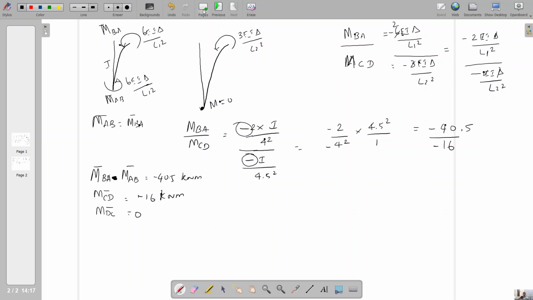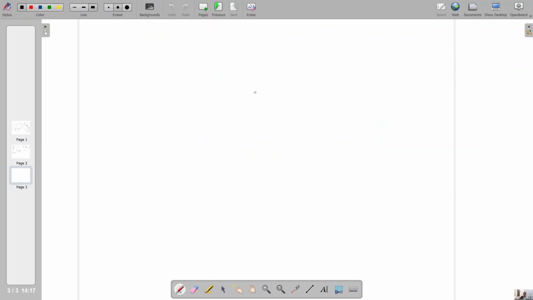So next one, we can continue the sway analysis. There is no load in the spans of beam as well as column; the problem contains only the load at the joint.